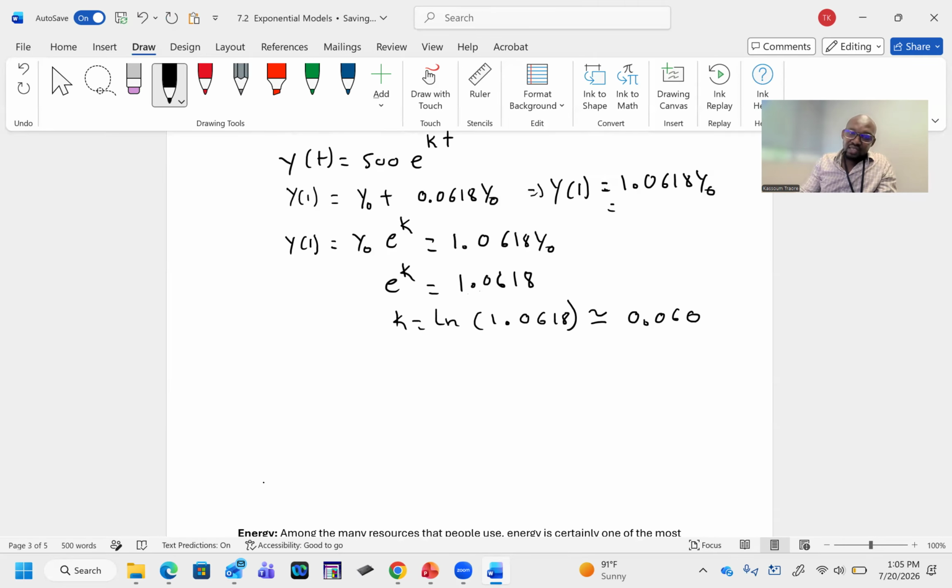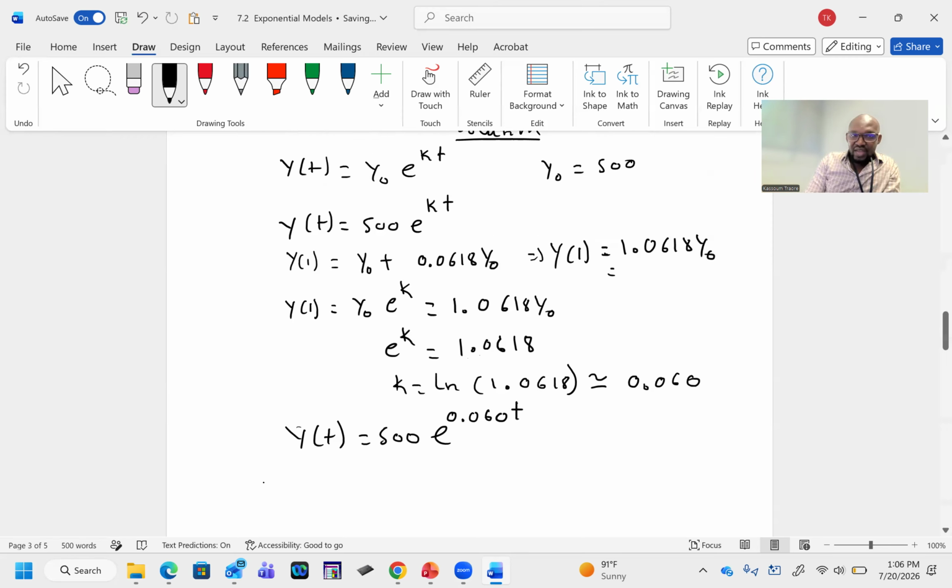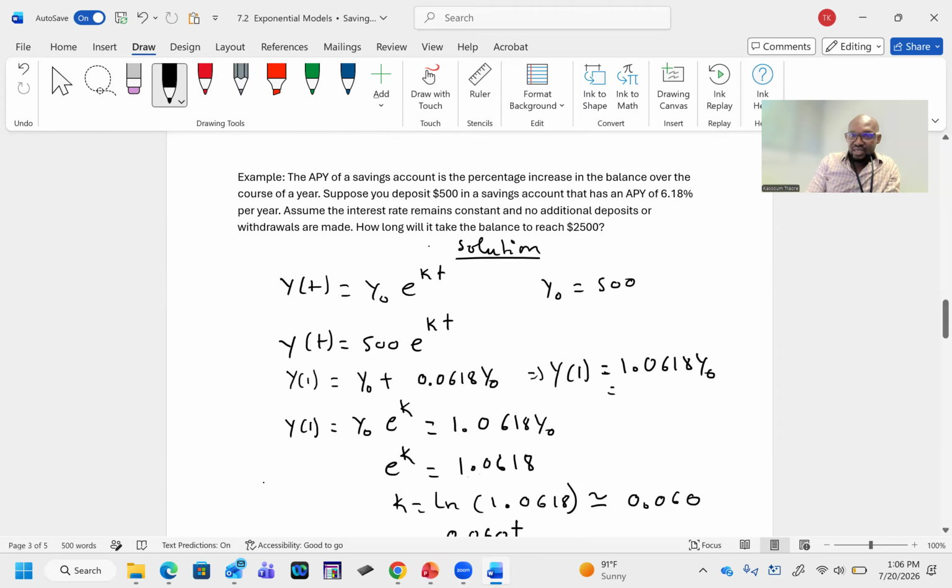We know k is 0.060. So my y(t) will now be 500 e to the power of 0.060t. So this is at any given time. Now I can go ahead and answer the question that is asked.